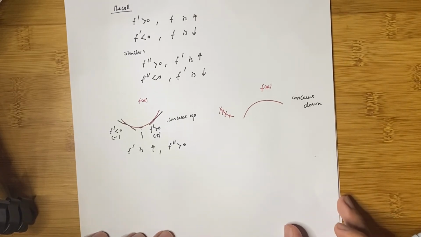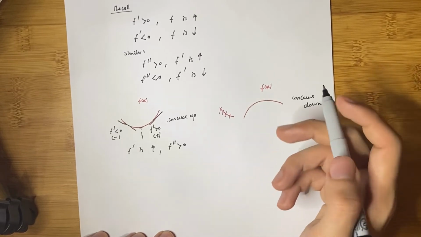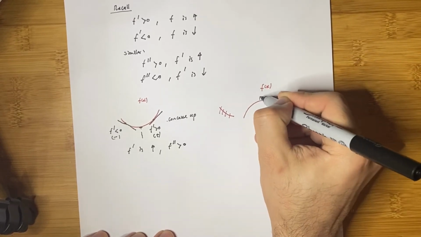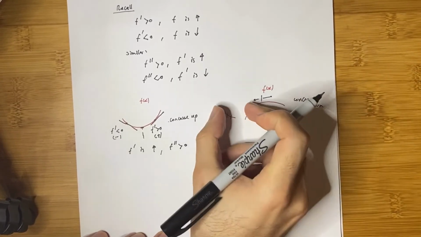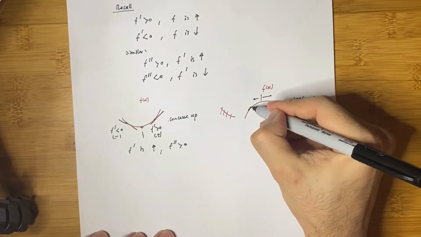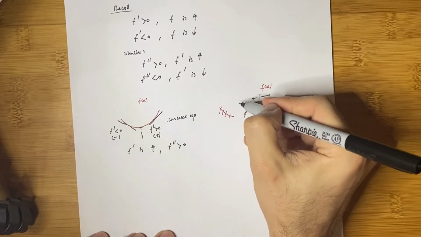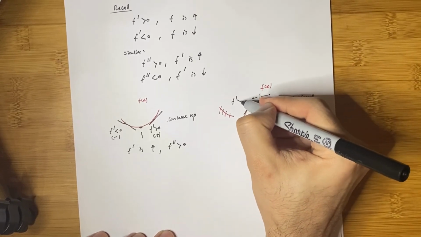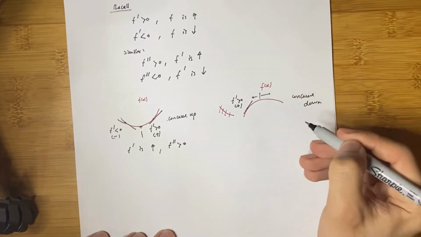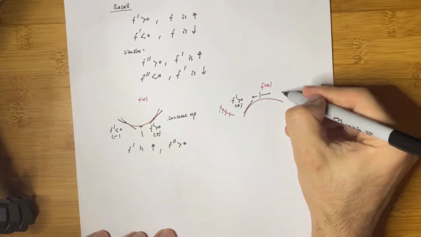And then we can do the same thing for this function. For this side, we can notice that the slope here is positive, okay? So the first derivative is positive, and here it's negative.